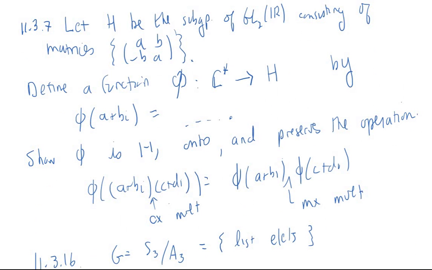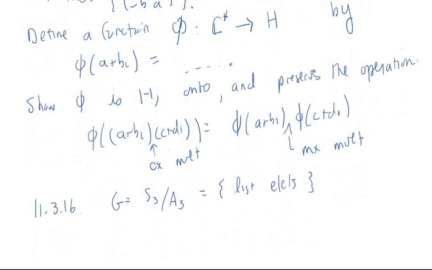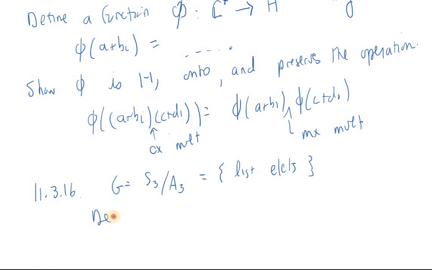And in this case, what you want to do is define a map, we'll call it C, from G to Z2 by, and here I would suggest that you define C element by element.